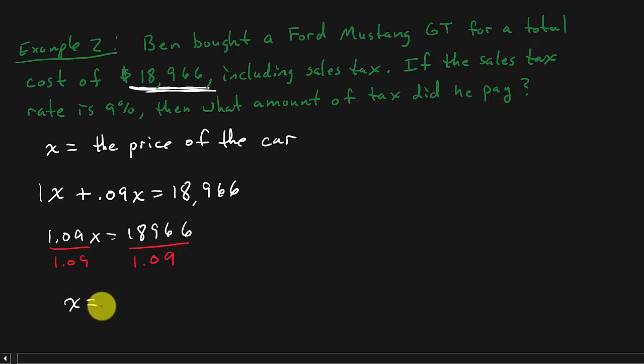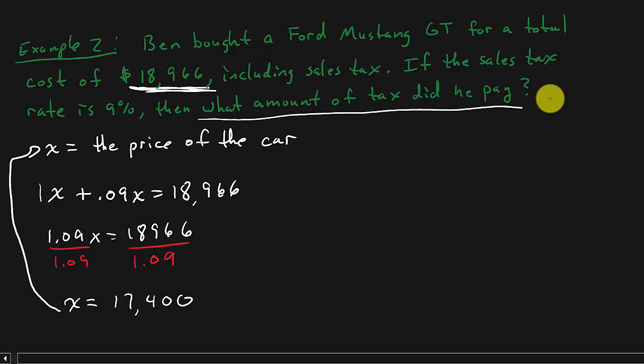And so that's going to be x is equal to 17,400. Now remember, this value right here, that is the price of the car, right? That's the price of the car. And they want to know what amount of tax did he pay.